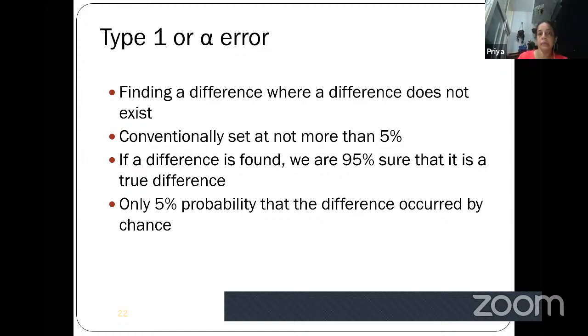Okay? This is also known as the confidence. So if your error is 5%, you're 95% sure, 95% confident that your difference is a real difference. And that's where the confidence in a study comes from.